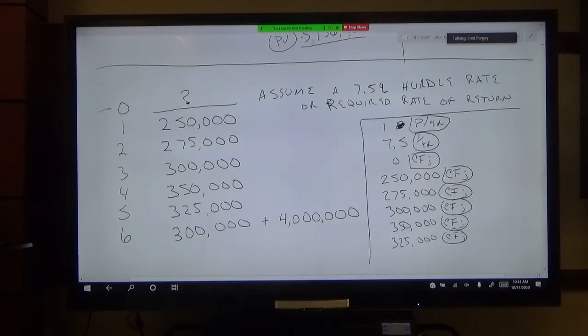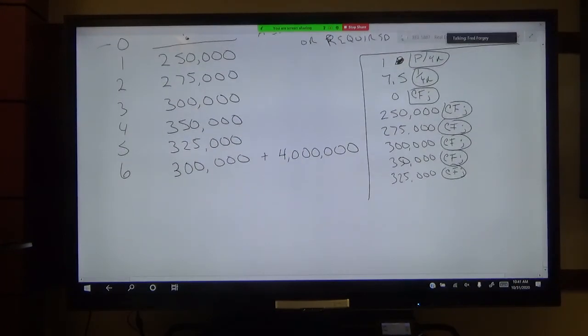Now then, for the final cash flow, those of you that have been through this song and dance before, what this is saying is your final year is going to be a combination of the income the property is generating plus the sale price or the reversion value. So you can add the two together and you would end up with 4.3 million as your final cash flow.